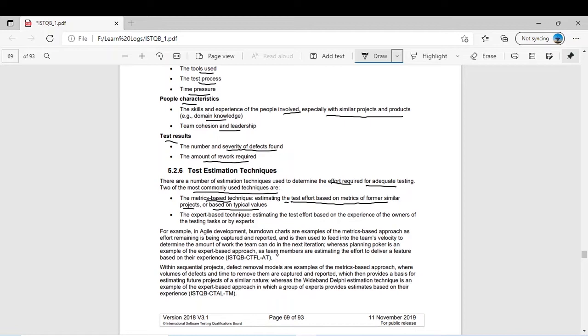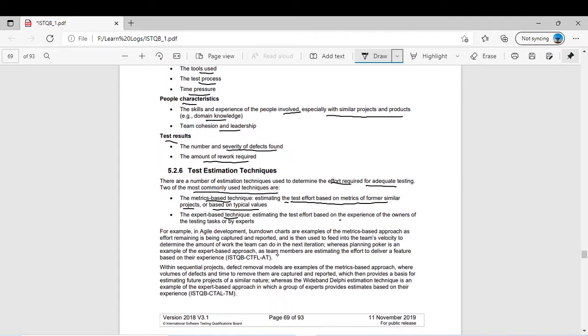The second is the expert based technique. The name is clear. For example, you do not have the time to do the calculations for the effort. You guess. You have a senior tester in the team. You ask them, and they give the estimation and guesses of what they think, keeping in view some old projects.